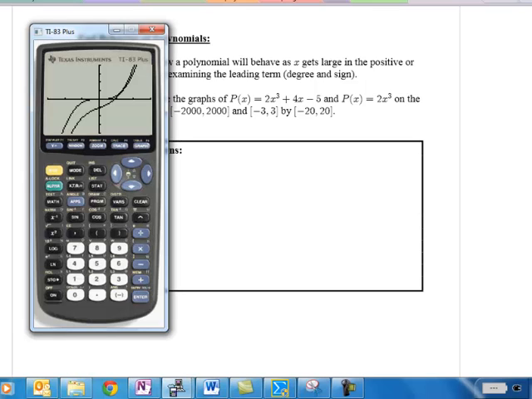You could look at another example. Let's do, I don't know, negative 3x to the 4th minus 5x squared plus 3x minus 7.